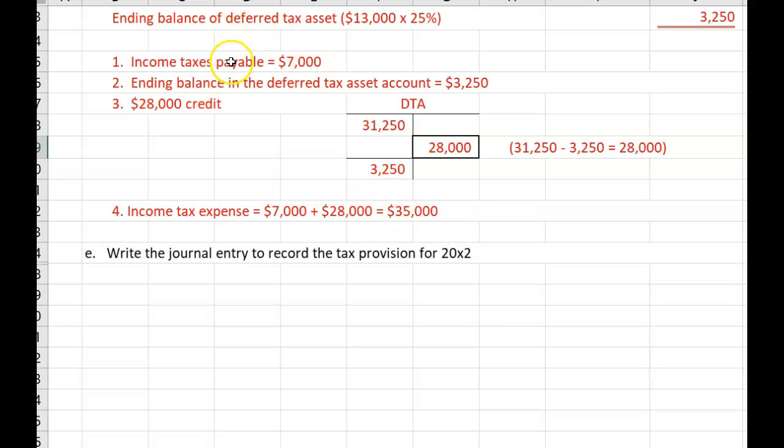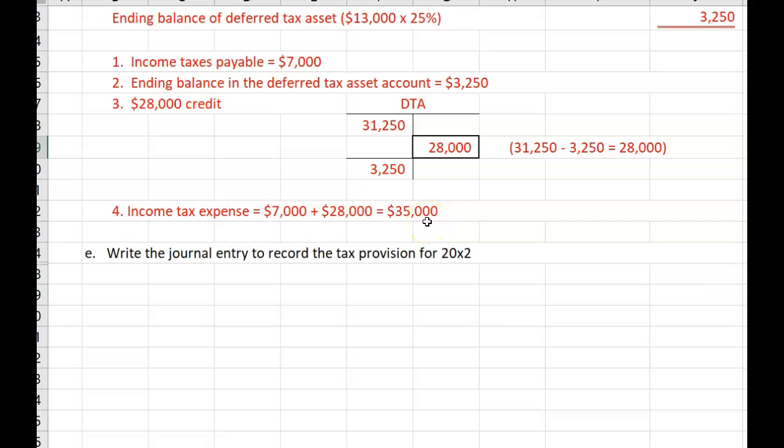Now we have all the pieces necessary to write our journal entry to record the 20X2 tax provision. Income taxes payable are $7,000. We need to credit deferred tax asset $28,000 to get its balance stated correctly, and we need to debit income tax expense for $35,000.